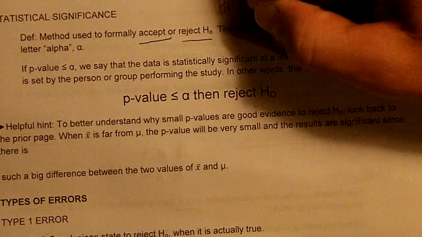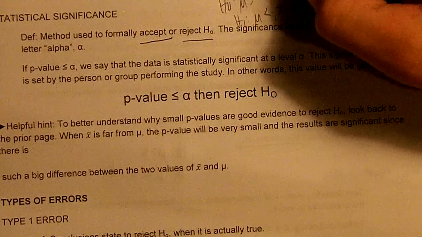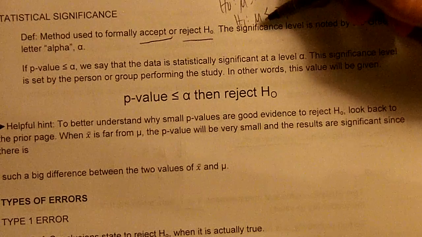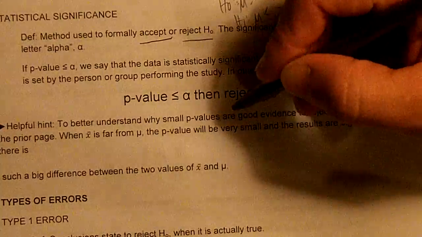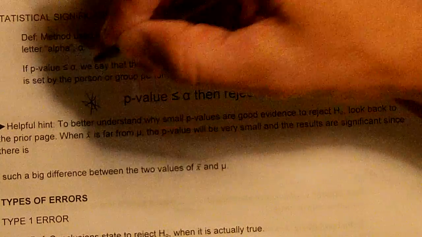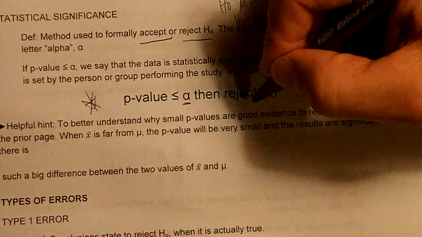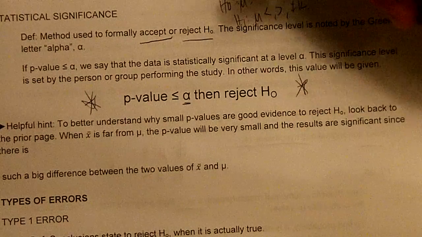So here mu is equal to k. Alternate, you would have mu is less than, greater than, or not equal to k. This is no longer your opinion, so the way we either accept the null or reject the null is based on our p-value. If your p-value is very small, meaning less than this level of alpha, then you would reject the null hypothesis and accept the alternate claim as your new norm.